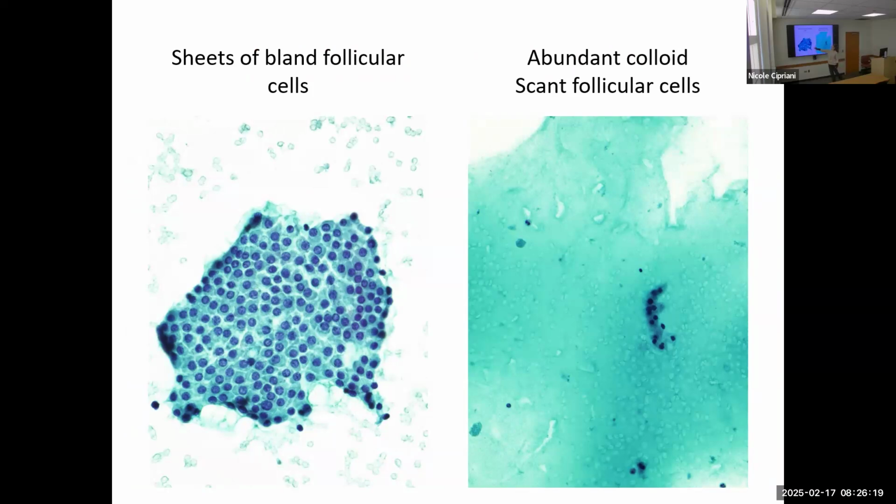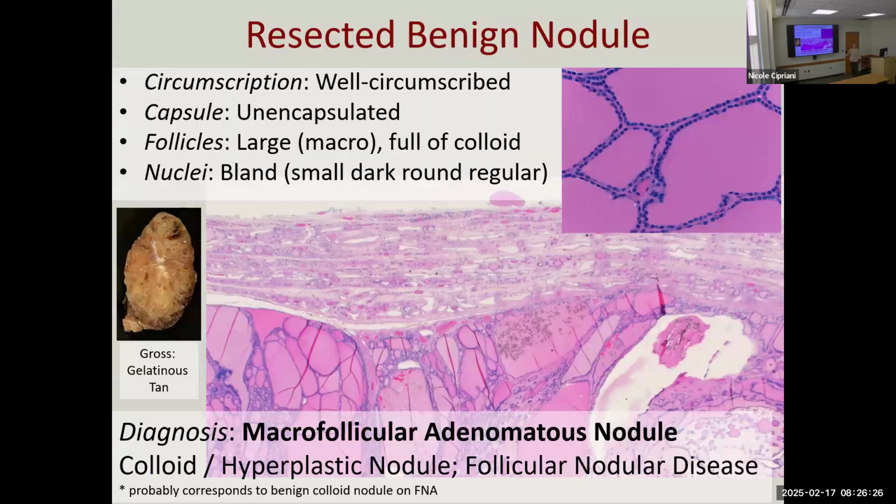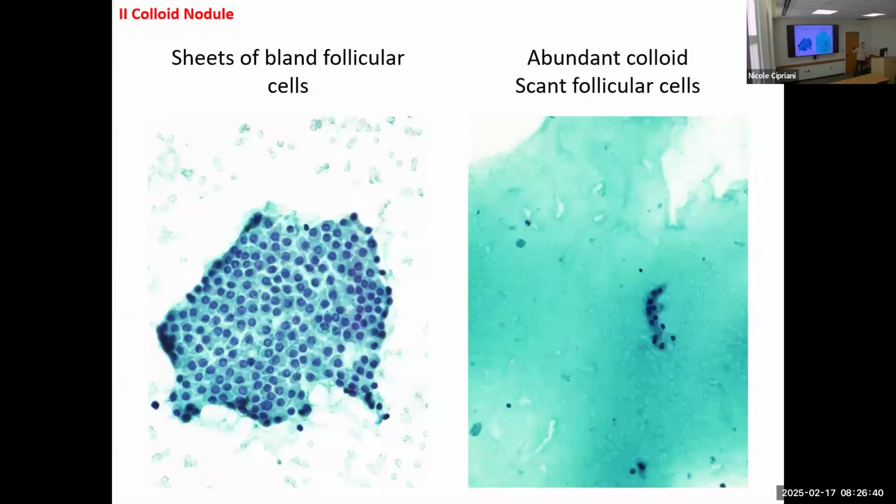Sheets of bland follicular epithelial cells, lots of colloid. You're probably dealing with something that's benign, like a macrofollicular adenomatous nodule. The reason I have started using macro or microfollicular, right, to describe the size of the follicles is because this correlates specifically with what they see on FNA, right?